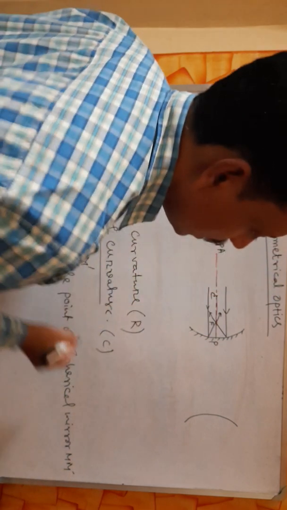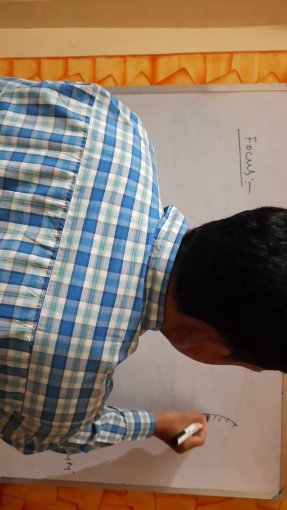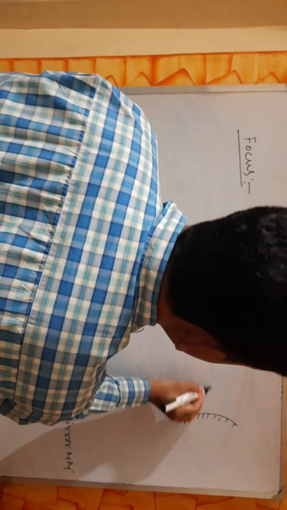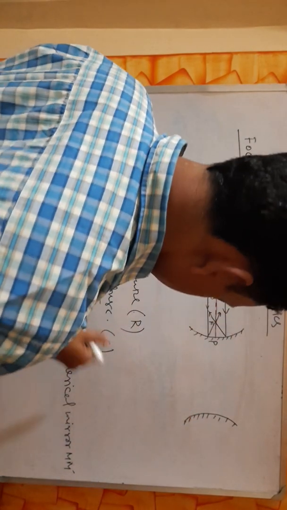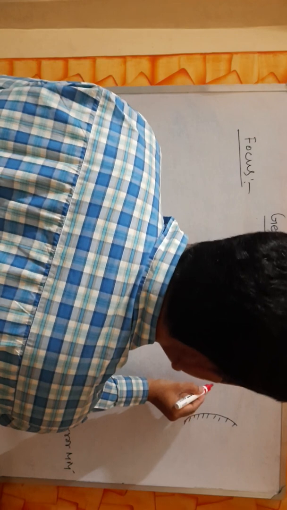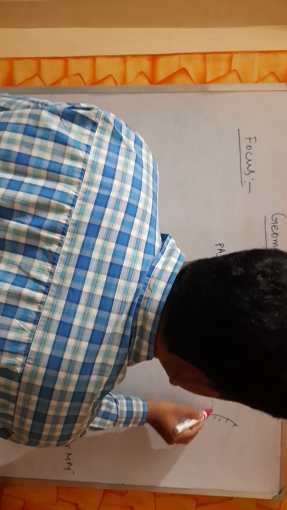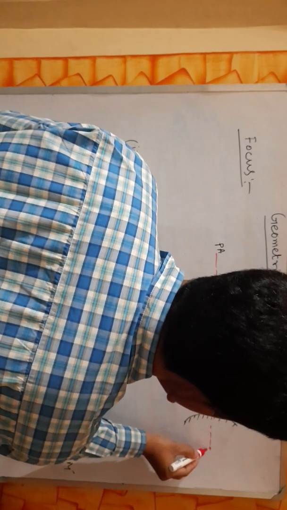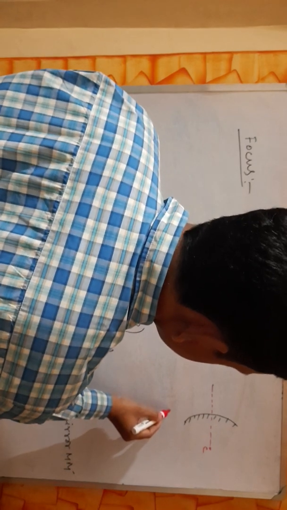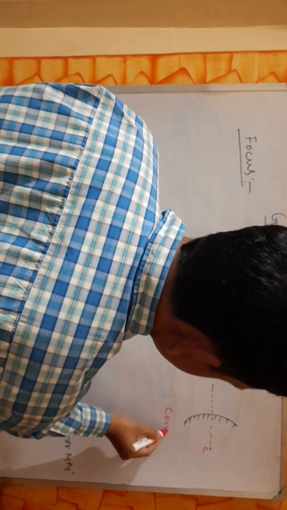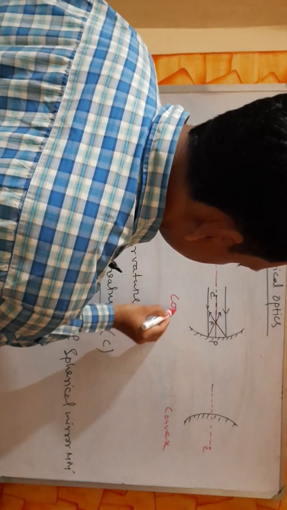On the other side, the parallel beam of incident ray parallel to the principal axis, for the convex mirror.